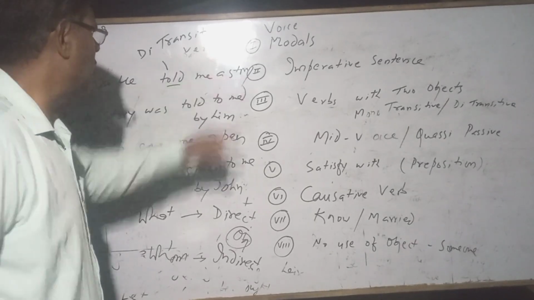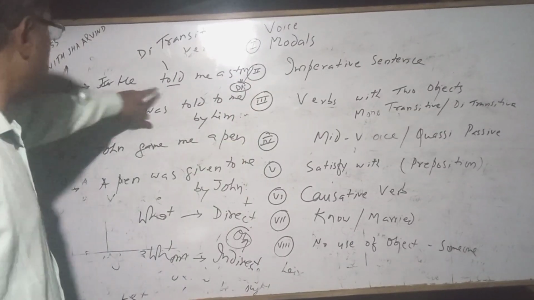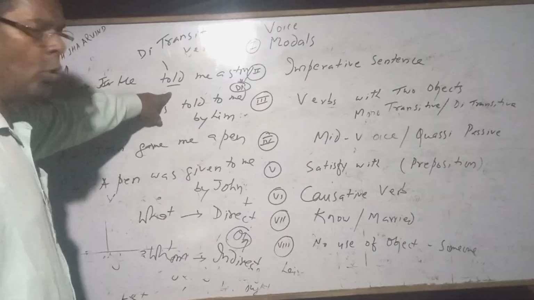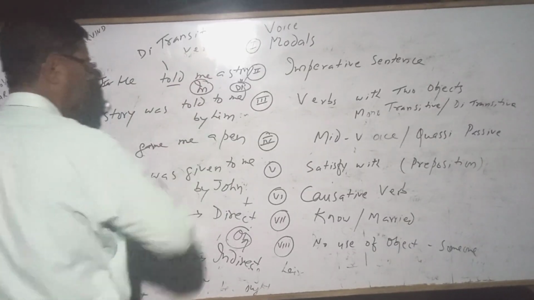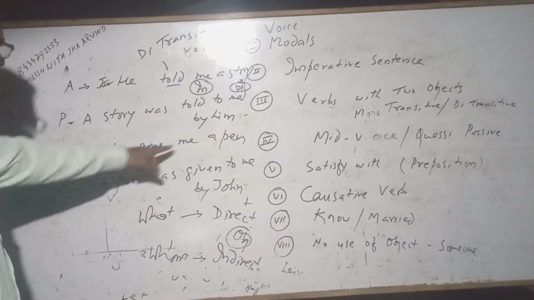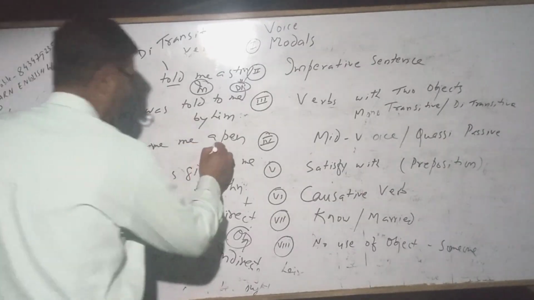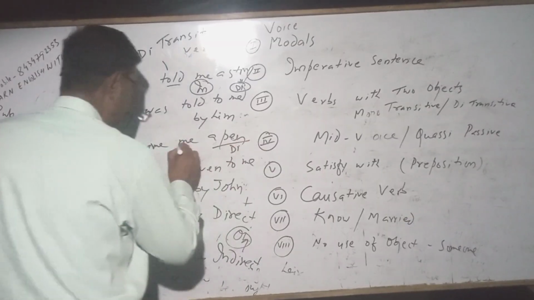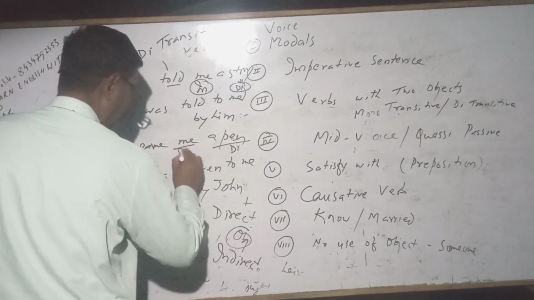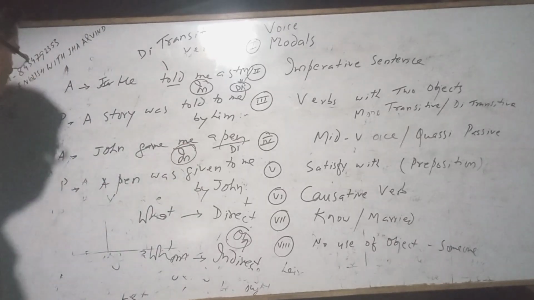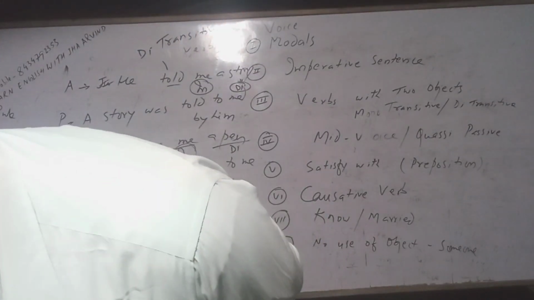A story. It is called direct object. He told me a story. He told whom? Me. It is called indirect object. Okay. Look here. John gave me a pen. John gave what? Pen. It is called direct object. John gave whom? Me. It is called indirect object. Okay. So you should be careful regarding direct and indirect object.